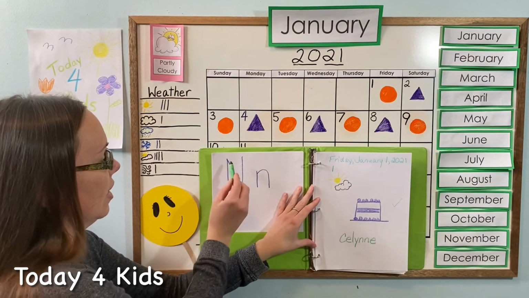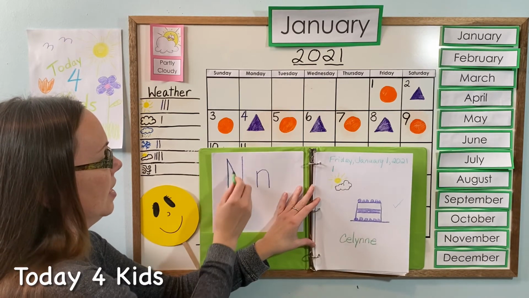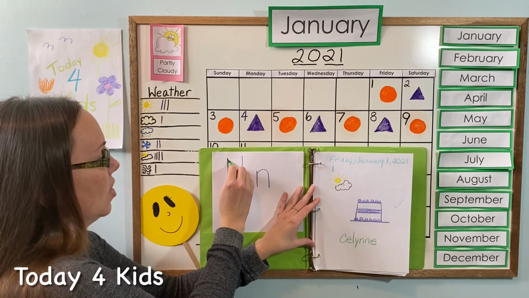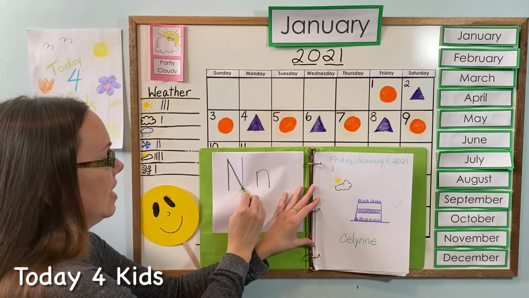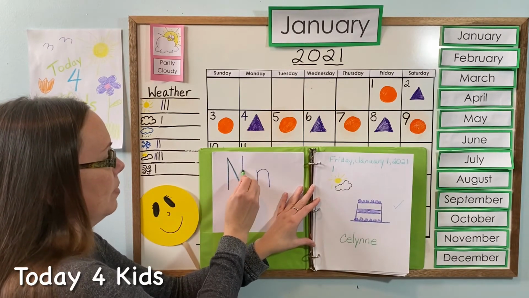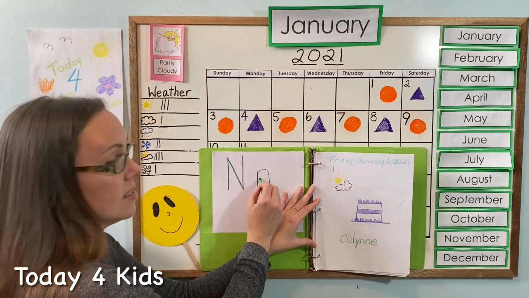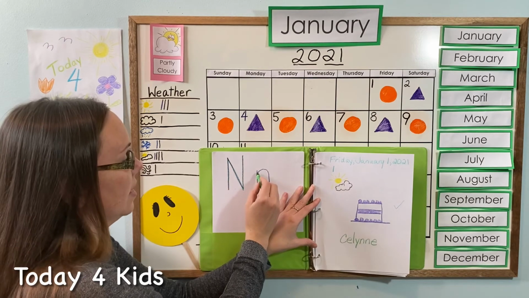Start with your crayon up at the top and go all the way down. Then go back up to the top and go on an angle down to the same spot. Then you can go back up to the top. This is a small n or a lowercase n.